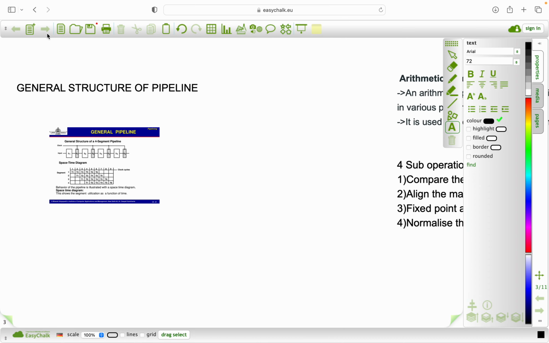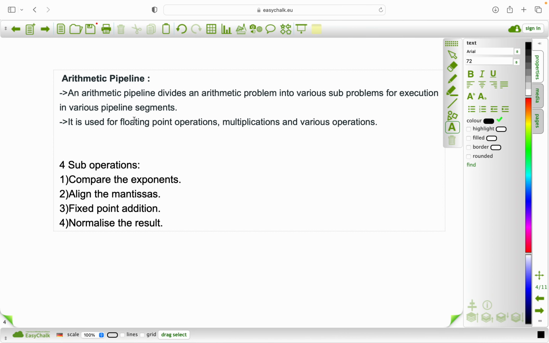Next, we're going to discuss arithmetic pipeline. Now, what is arithmetic pipeline? Arithmetic pipeline divides an arithmetic problem into various subproblems for execution in pipeline segments. This is used for floating point operations, multiplications, and various operations.